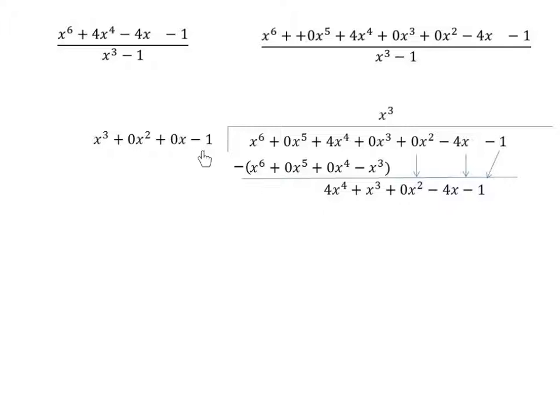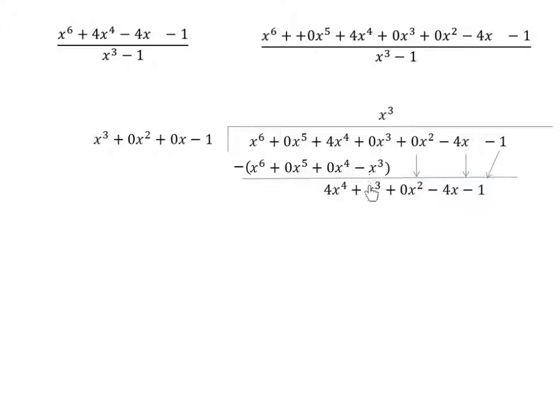As you can see, x to the third times x to the third is x to the sixth. X to the third times 0x squared is 0x to the fifth. X to the third times 0x is 0x to the fourth. X to the third times -1 is negative x to the third.